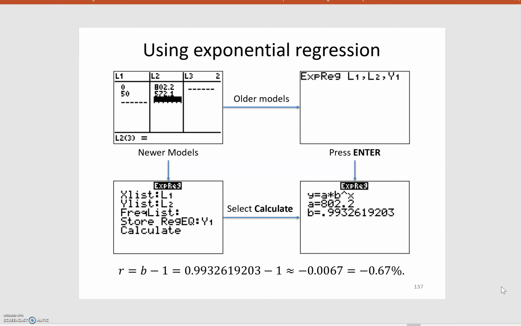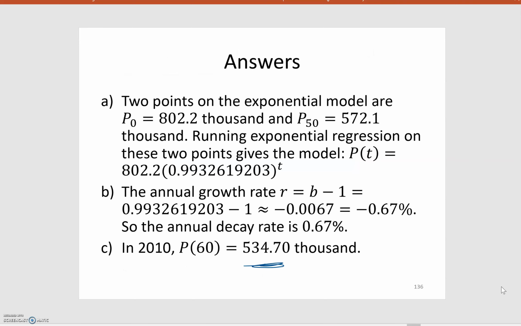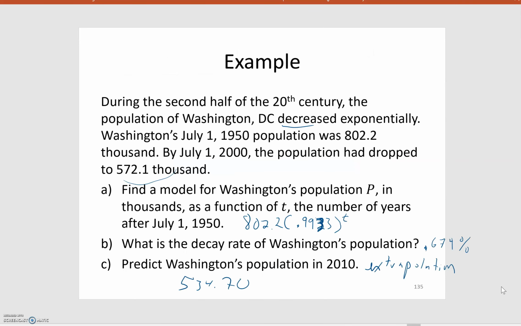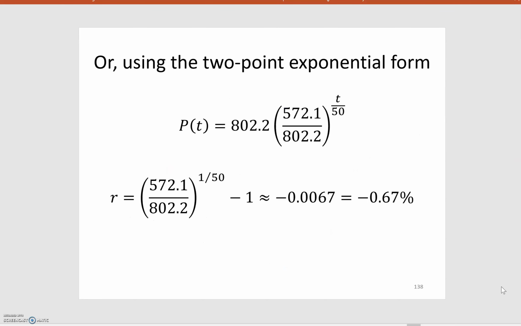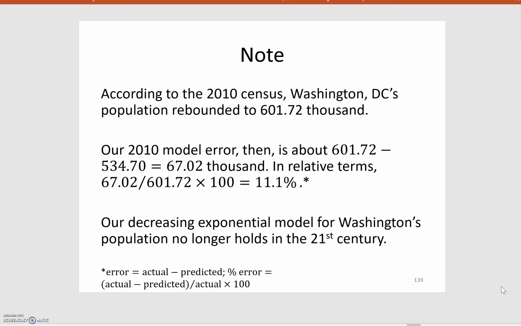And as you can see, this is the method I use, exponential regression. And as I said, the actual 2010 population was 601,000, so it was wrong. We do have significant model error.